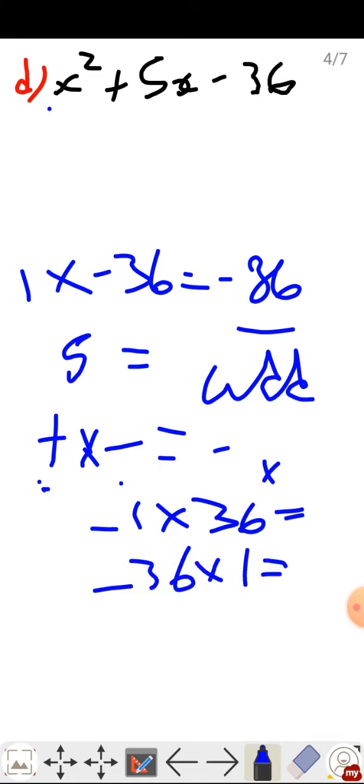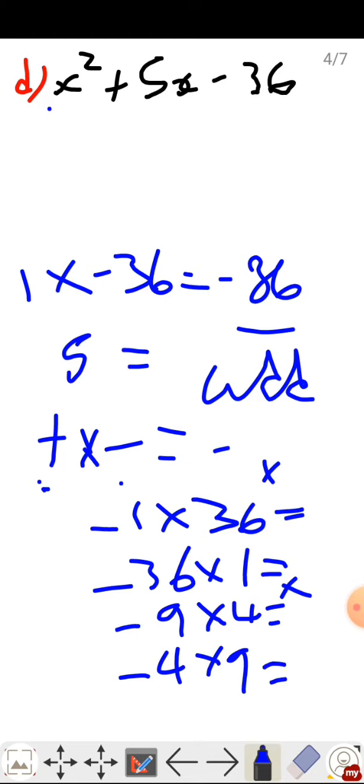When you multiply, yes, we get minus 36, but when you add we get minus 35, so no. Minus 9 times 4: when you multiply, yes, we get minus 36. When we add, we get minus 5, so no. Now we look at minus 4 times 9. When we multiply the two, yes, we get minus 36, and when you add, yes, we get 5. So we use minus 4 and 9.